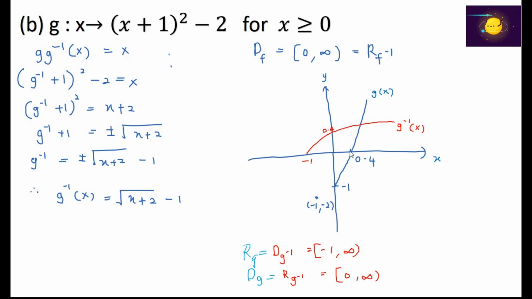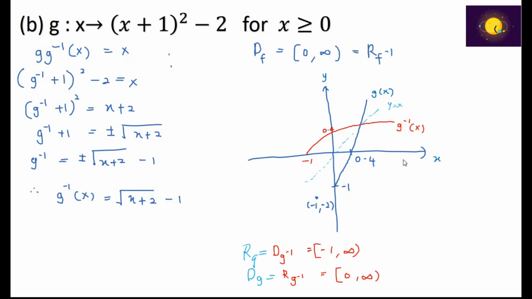Okay, because the inverse of g should be the reflection of g at y equal to x, we can draw this line, and then this point (0.4, 0), we'll inverse as (0, 0.4).